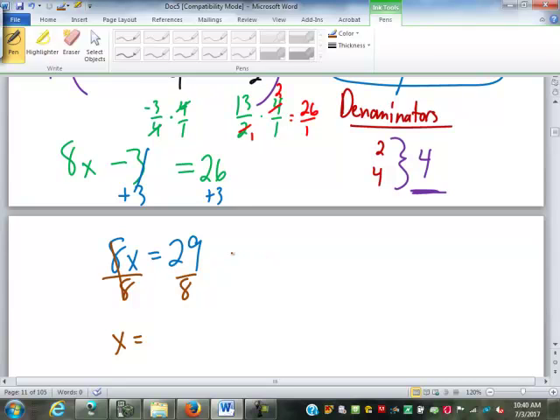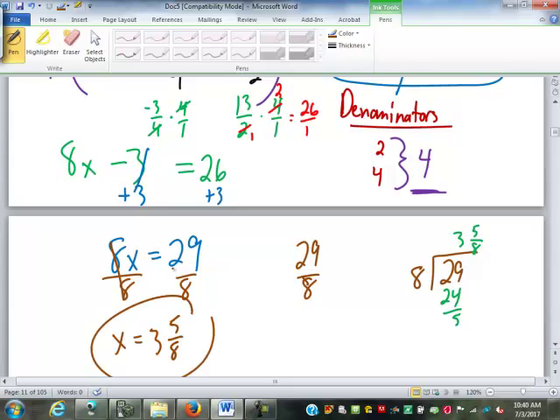But remember, we can just think of that as a fraction, 29 eighths. To reduce that to a mixed number, division and remainder. 8 goes into 29 3 times. 3 times 8 is 24, so there's 5 left over. That is 3 5/8, which is the same answer we got up above doing it as fractions.